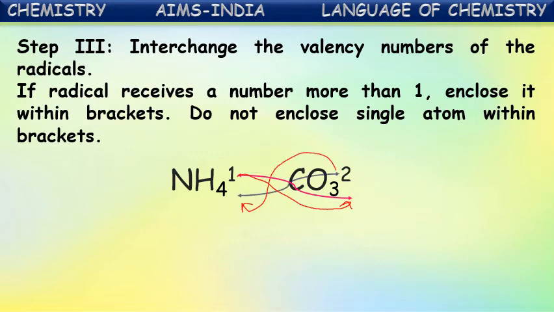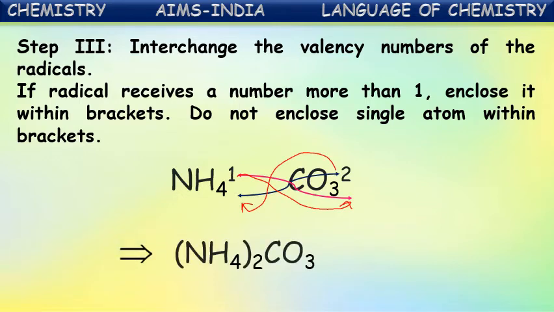Now NH4 is a group of atoms, a radical. That's why we kept it in brackets and wrote this 2 as the subscript. And CO3 1, anyway 1, so we did not keep brackets and we did not represent the 1. So what is the formula for ammonium carbonate?